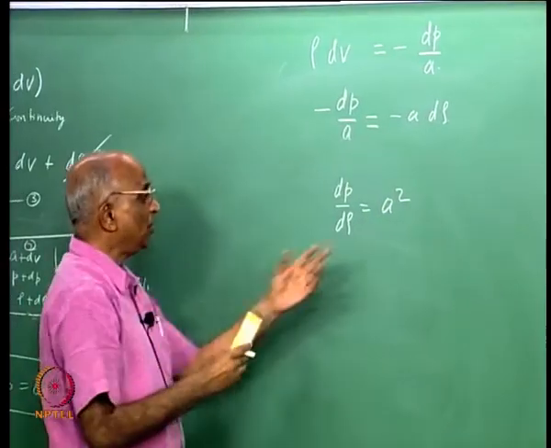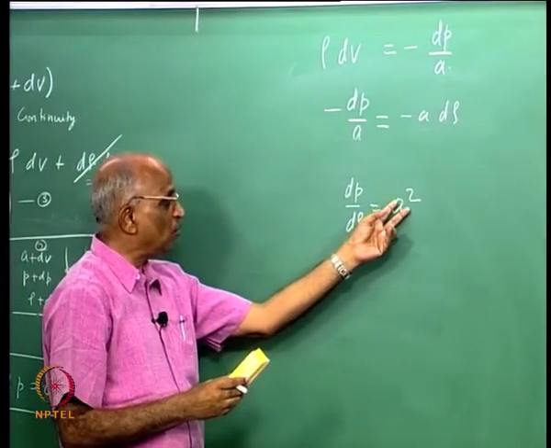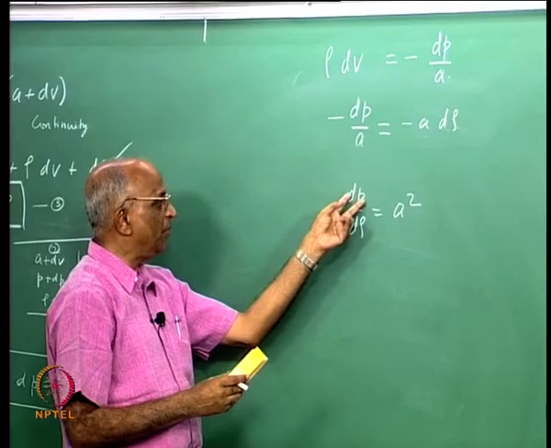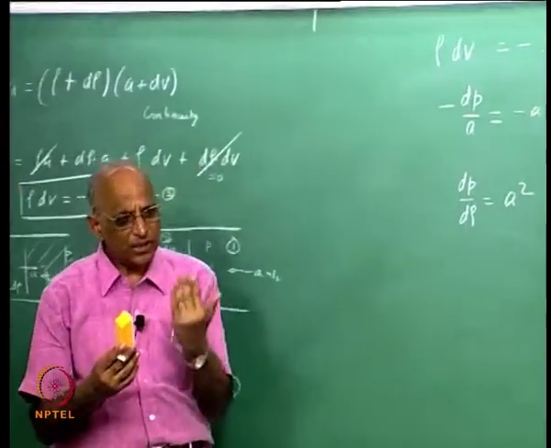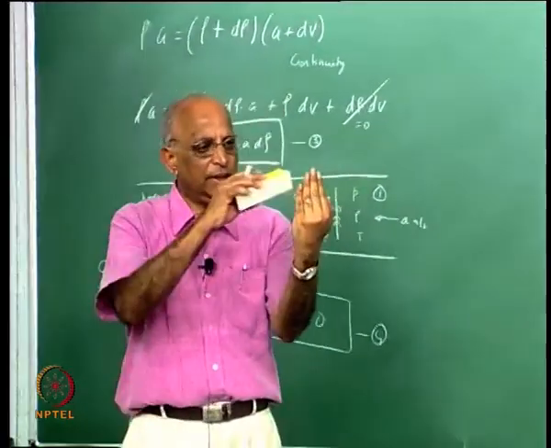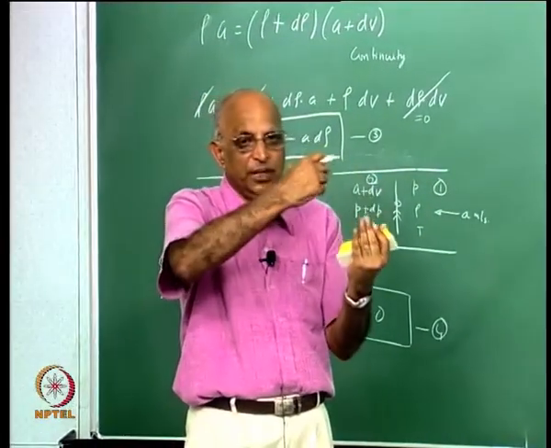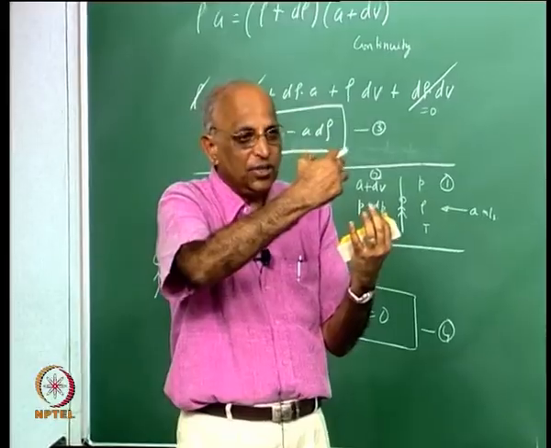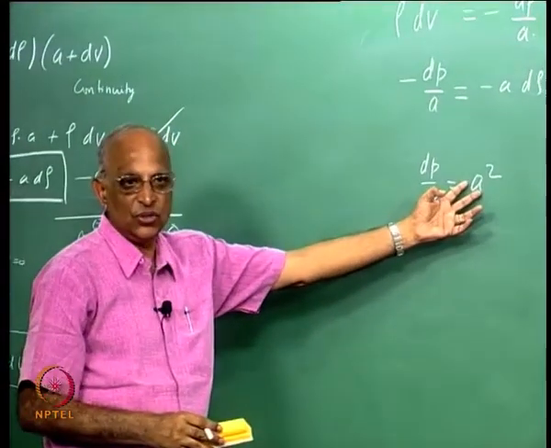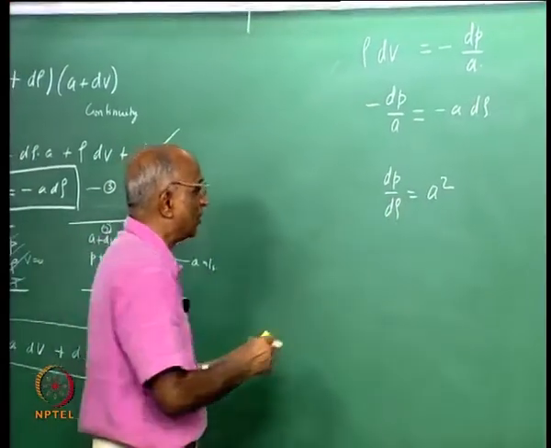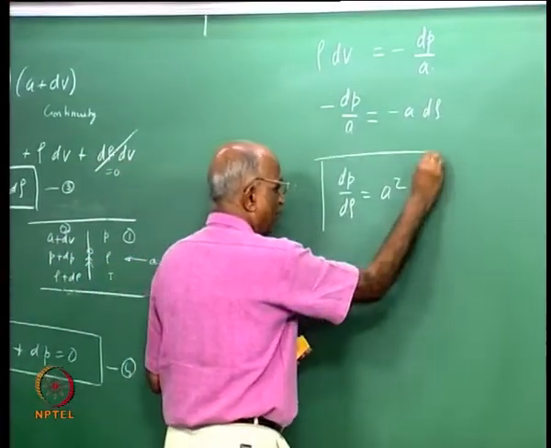That means the velocity of sound square is equal to the ratio between the pressure perturbation to the density perturbation in the wave. The type of perturbations which I get in pressure and density behind the wave, the ratio of that is equal to the sound velocity square. Now I get this, maybe I call it equation 5.